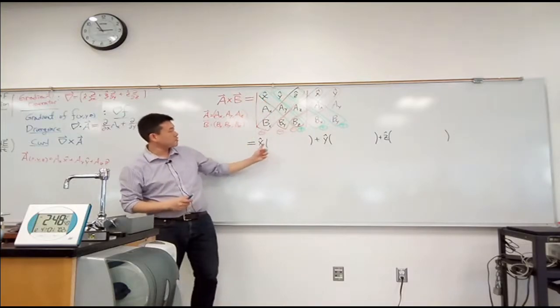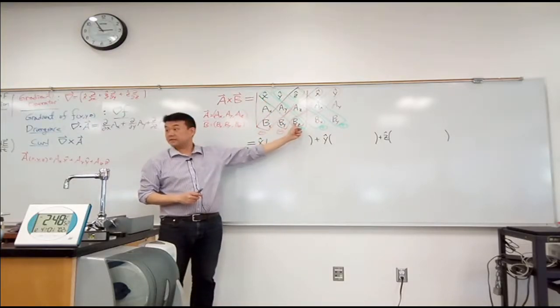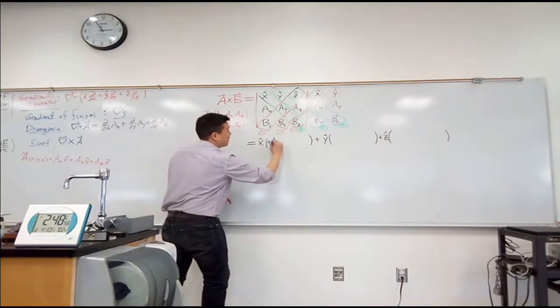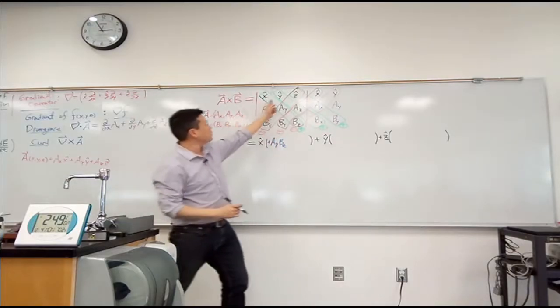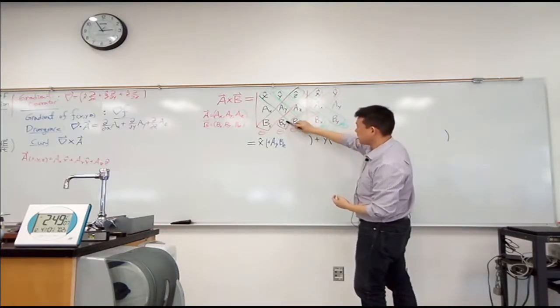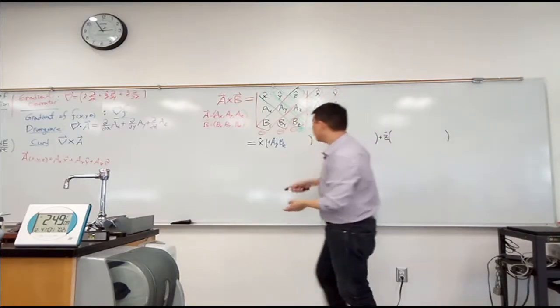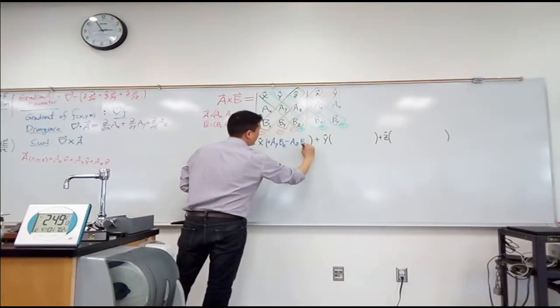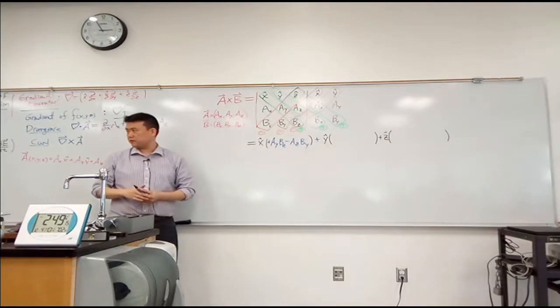One of the terms must be ay and bz. That has plus sign with it. So x hat, so plus ay bz. And let me go looking for x hat. Another term must have az and by with a minus sign in front. Minus az by.